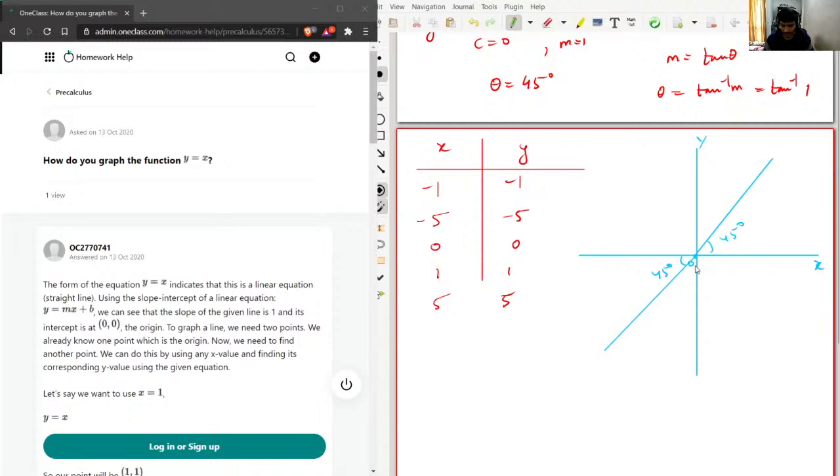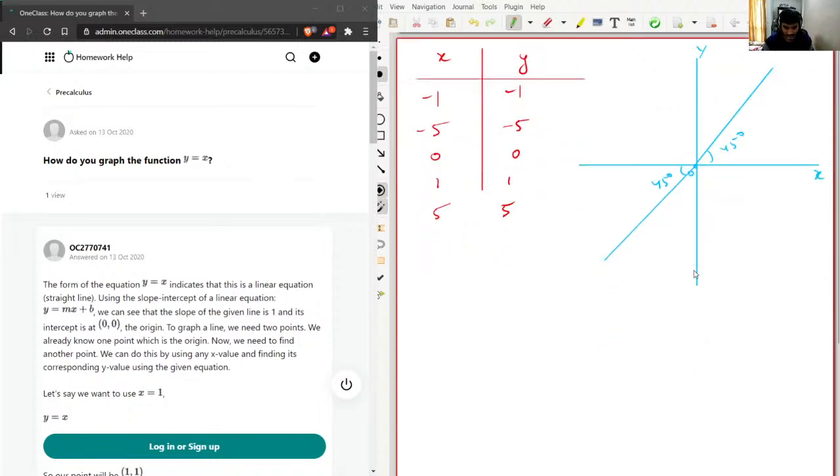From the second method we can just plot the coordinates. I'll take green color this time. Y, x, 0. Let's say this is -1 and -5. This is 1 and 5.